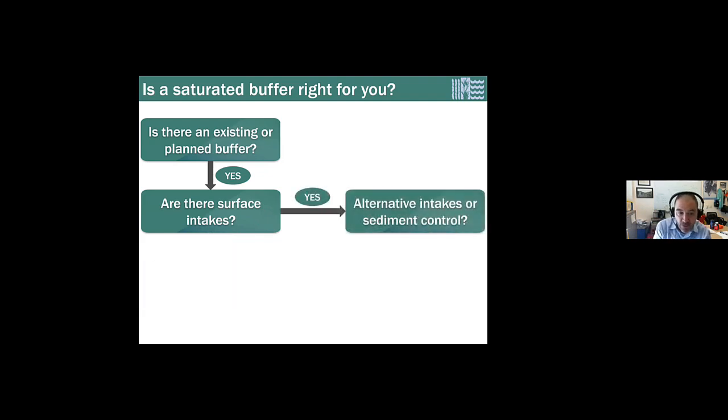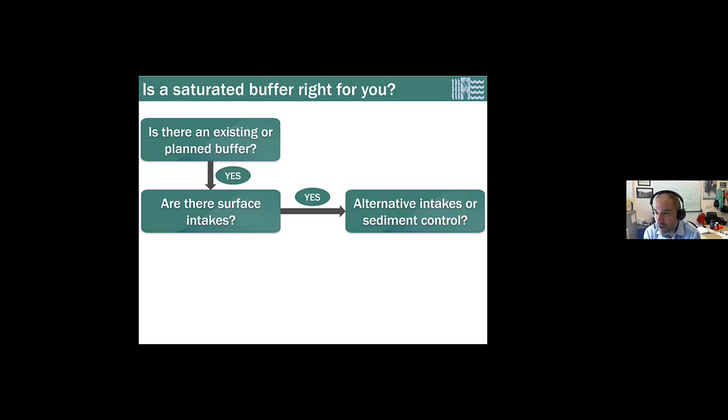If we have a surface intake, then there would be a question: are you willing to put in an alternative intake or some other sediment control structure to try to reduce sediment inflow that could get into the tile line and cause plugging issues?